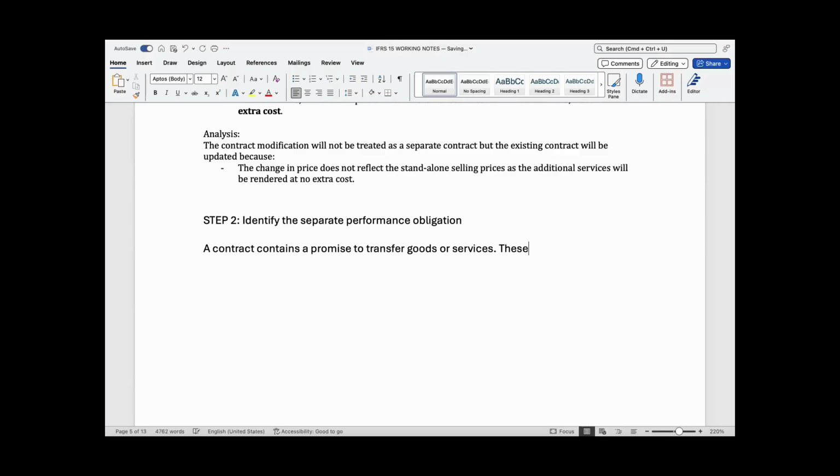These promises to transfer goods or services are known as performance obligations. That's what we call performance obligation. Those goods or services you say you want to transfer, they are performance obligations.